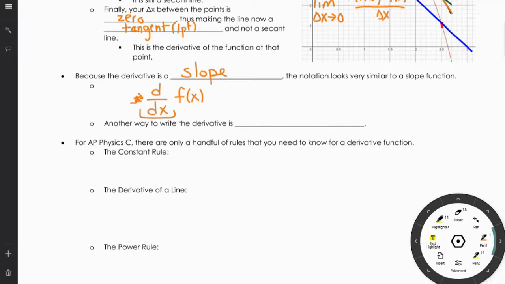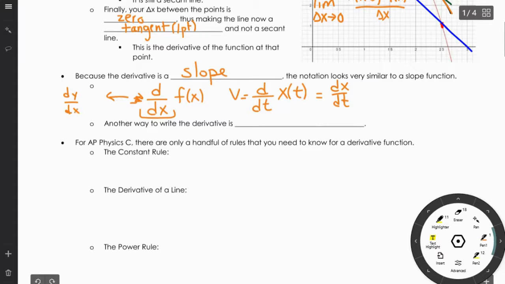In physics, because most of the time our x function is t, it will look something like this. If I'm looking for the derivative of a position function, which is actually the velocity, it's d/dt of x of t. And sometimes you can just write it as dx/dt. Like here, you can write this because f of x is also y, you can just say dy/dx. So I'm finding the derivative of my y function.